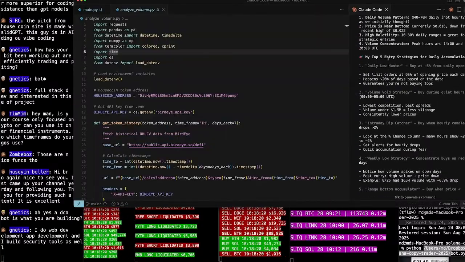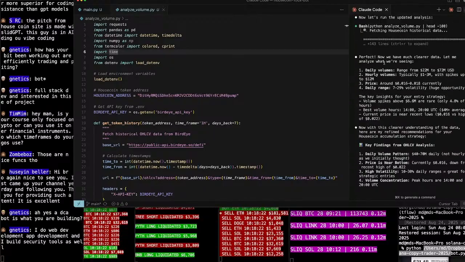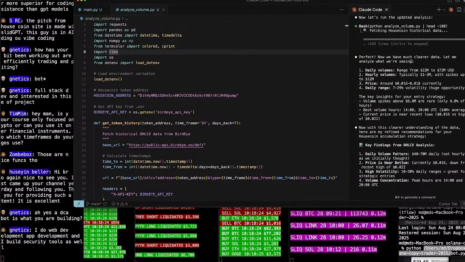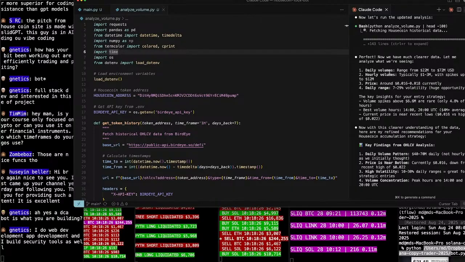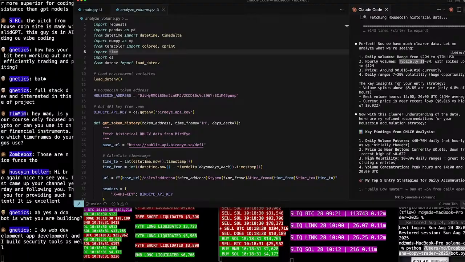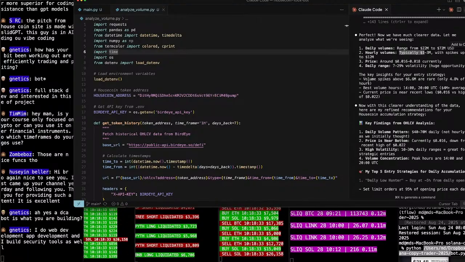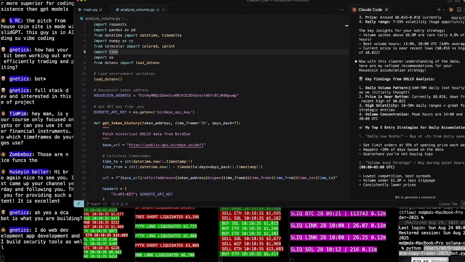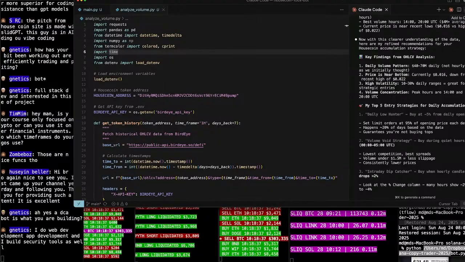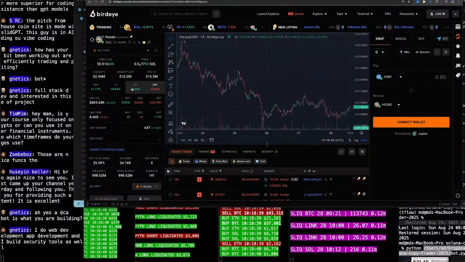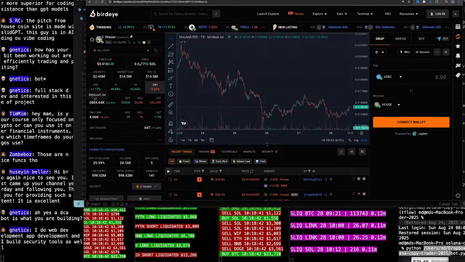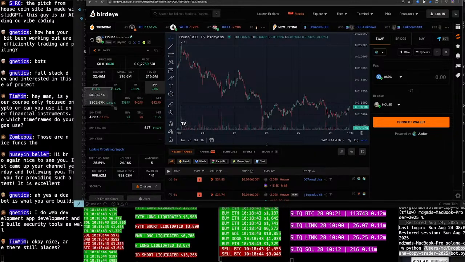Okay, let's go ahead and see what she said here. Perfect. Now we can see the data much clearer. Let me analyze what we're seeing. Daily volume range from 22, typically 1 million. Price around the key insights from your entry strategy. Volume spikes. This isn't correct. I know it's not correct. So let's go ahead and see the actual volume here. It's 800,000 in 24 hours.